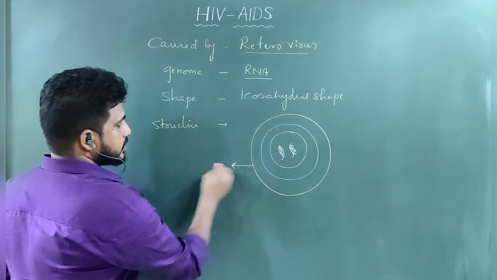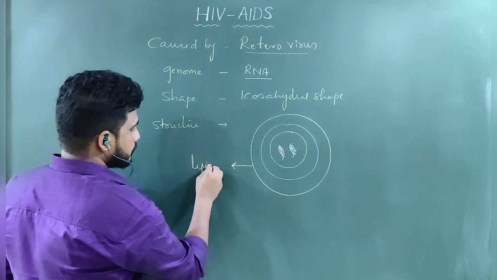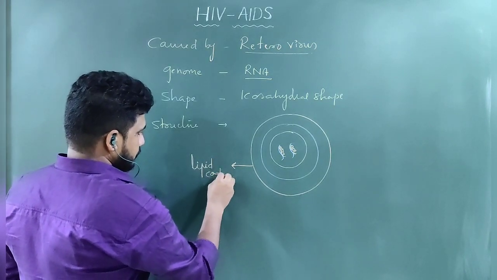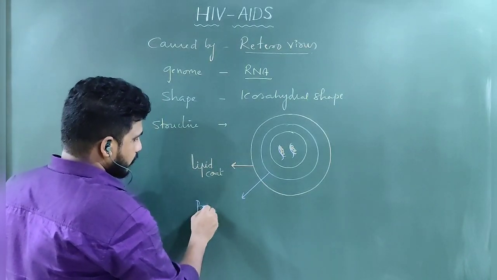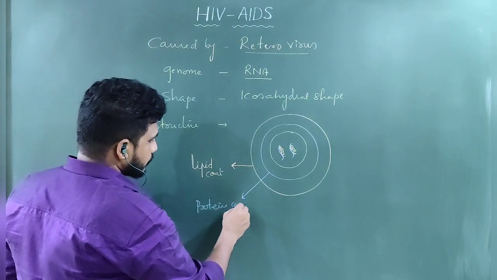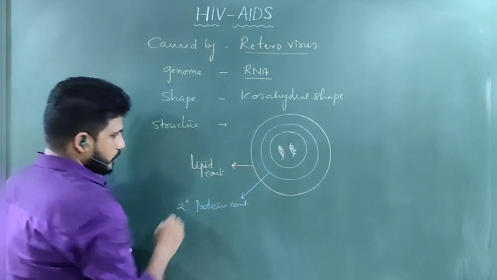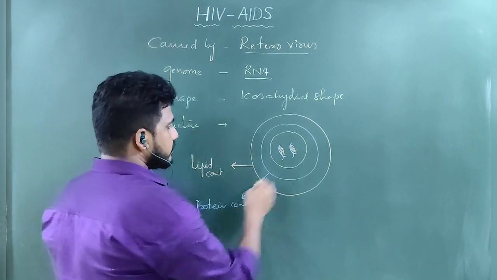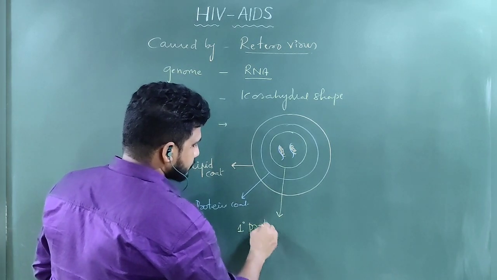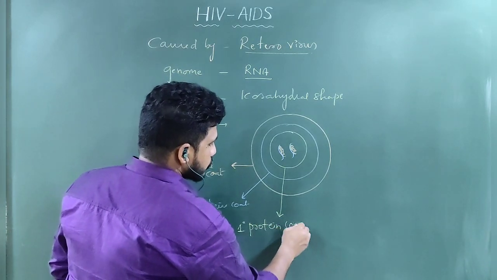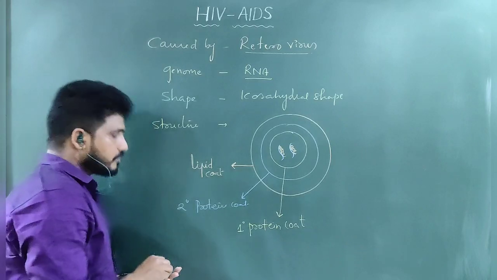This is the lipid coat, and this is the secondary protein coat. Inside that, the primary protein coat is there. So, too much protection, very tough.